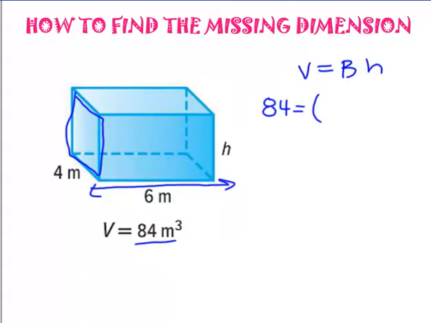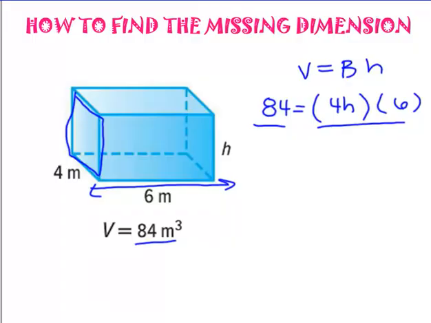So 84 equals. Now our big B, remember, is base times height of the base, so 4 times h. And then we are given the height of the prism, which is 6. So let's begin to simplify. I'm going to divide both sides by 6 to get rid of that times 6, and these are going to cancel.